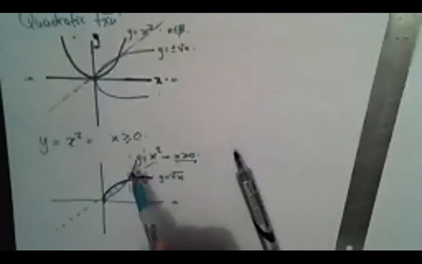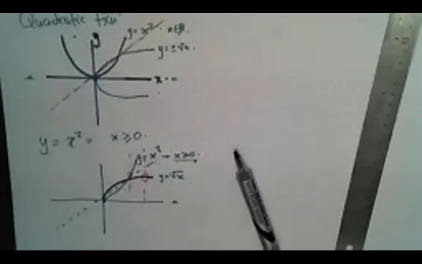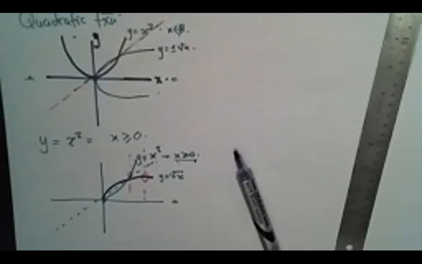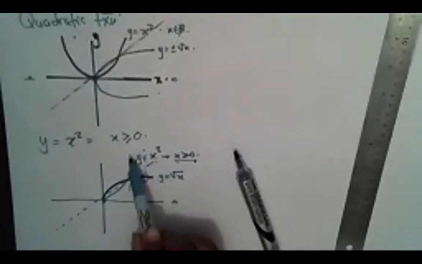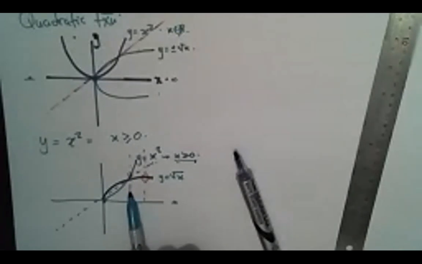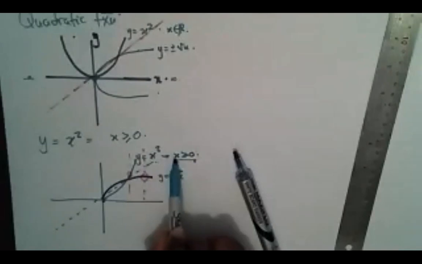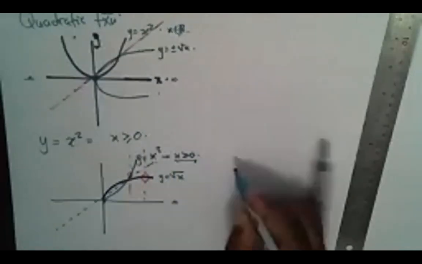So the reflection of this one is this line, which is y is equal to the square root of x. But if I draw a vertical line to check if it's a function, it cuts this curve once. So y is equal to x squared when x is greater than 0 is a function. This is a function.